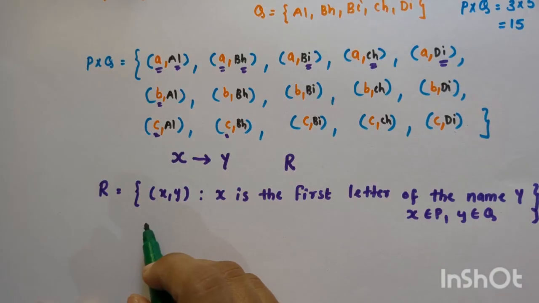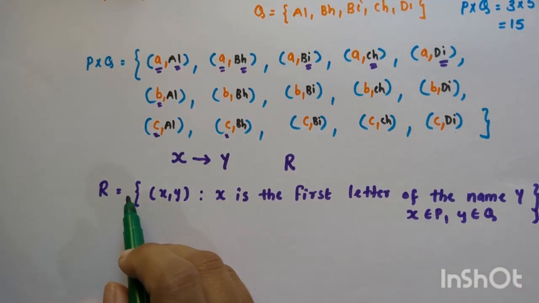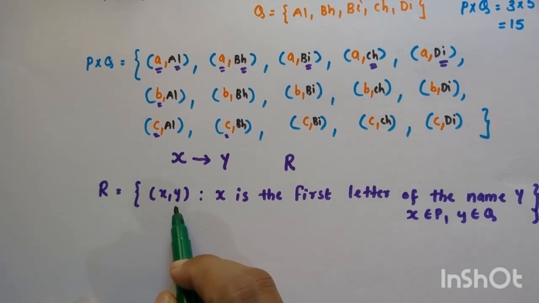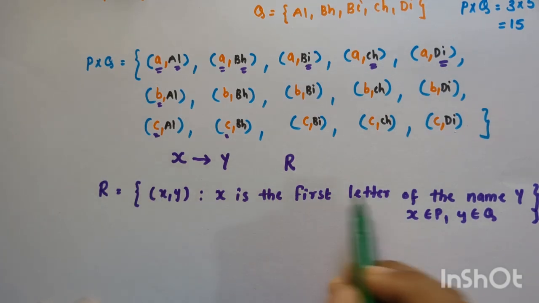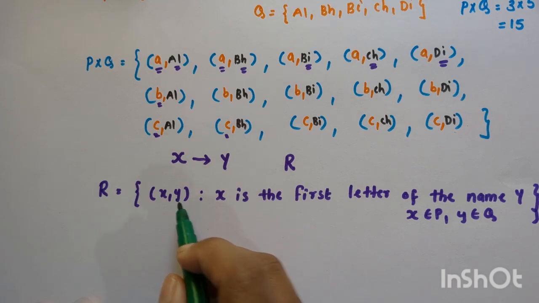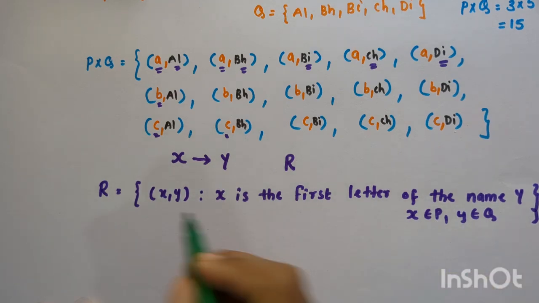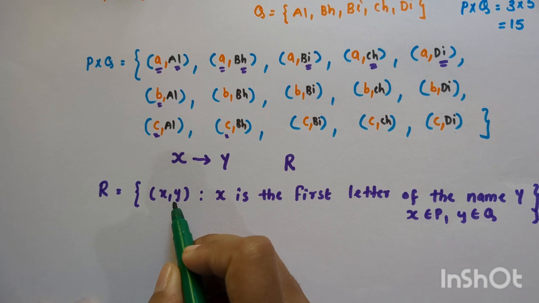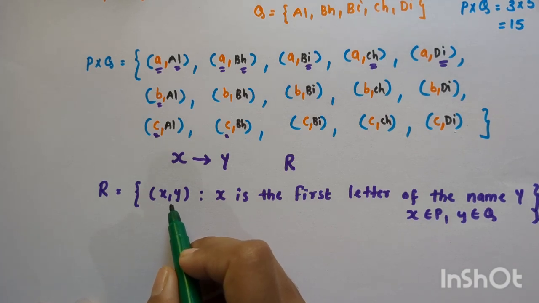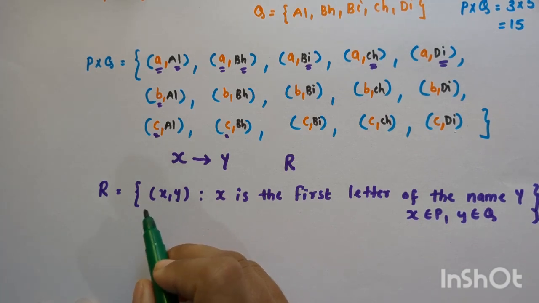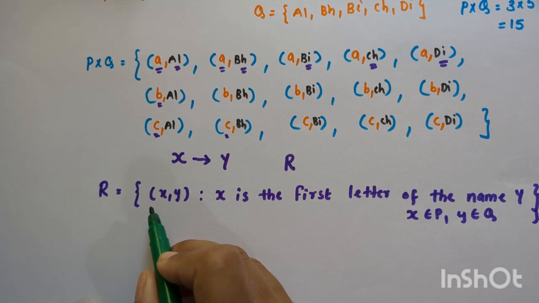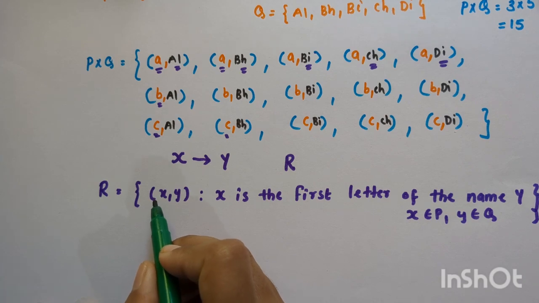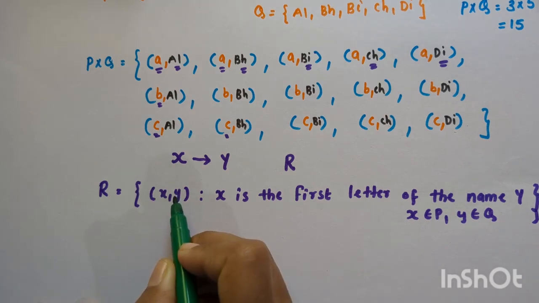We get the relation R as the set of all ordered pairs (X, Y) such that X is the first letter of the name Y, and X belongs to P, Y belongs to Q. That is, when you write the ordered pair, the first element should belong to the first set P and the second element Y should belong to the second set Q. Here we are introducing a relation, so we are going to write the ordered pairs in such a way that the first element X of the ordered pair should be the first letter of the name Y.